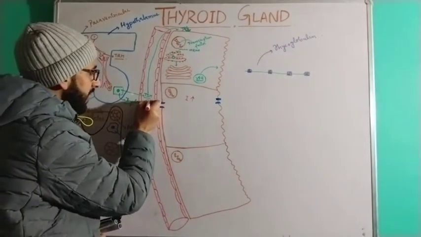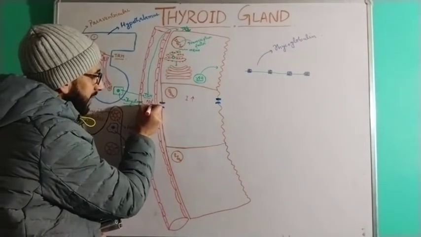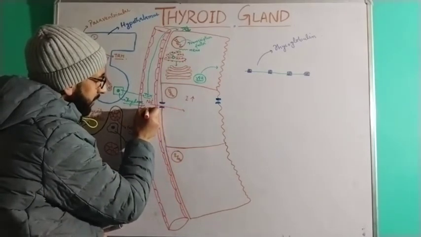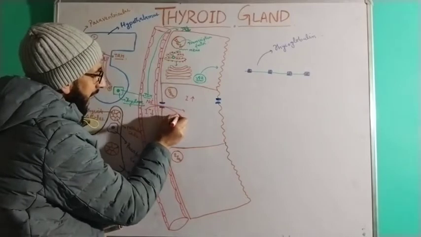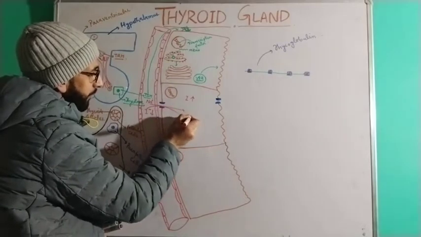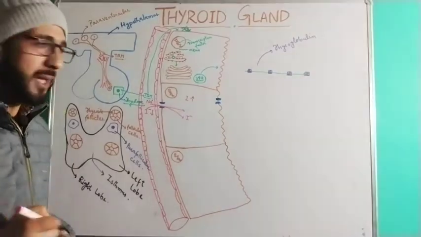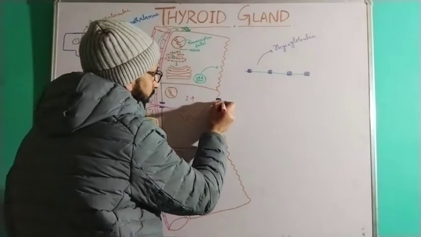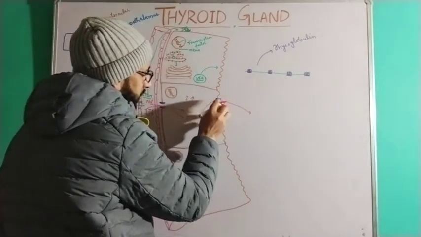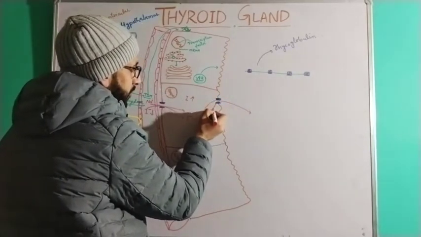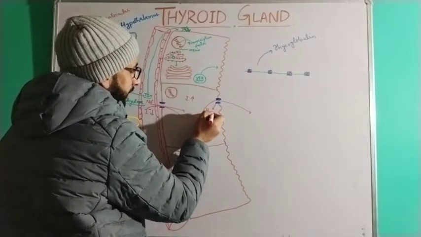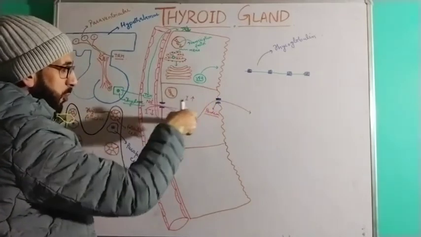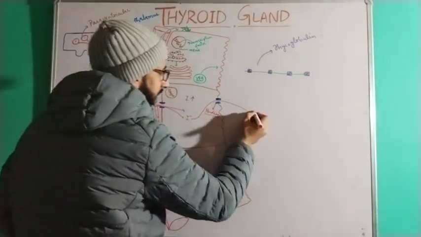So we take sodium inside the cell down the concentration gradient, but at the same time the same transporter protein is taking the iodide inside the follicular cell. Okay, and then this iodide is taken into the lumen through this special transporter protein here, which is called pendrin. And this pendrin is the transporter protein which takes this iodide into the lumen.